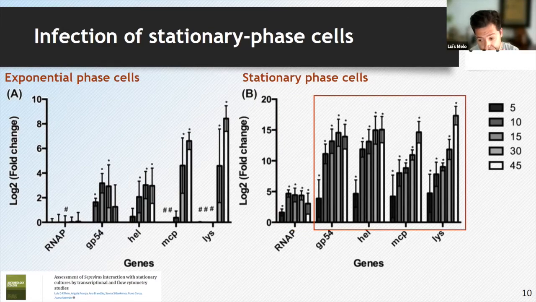And regarding the phage genes, the modularity was not so seen during the infection of stationary phase cells. So we know, at this point, by the part of the RNA polymerase that the phage addition to stationary phase cells somehow activates the cells in order to express the phage genes, which, not surprisingly, does not happen on exponential phase cells.